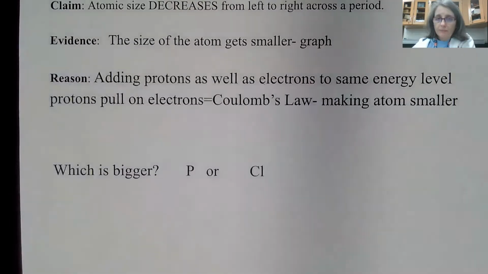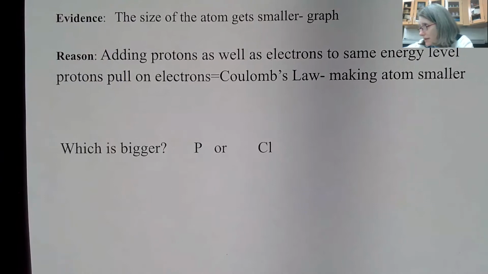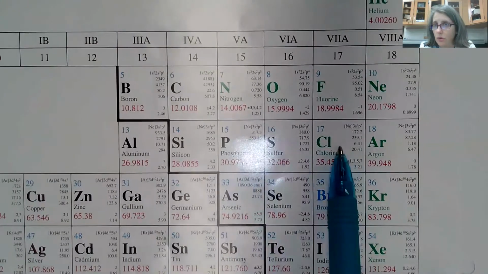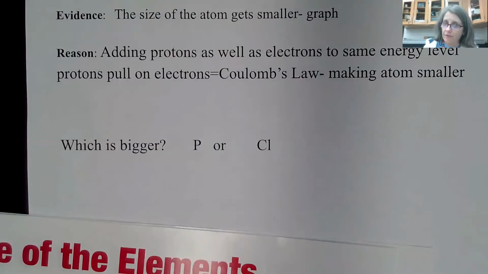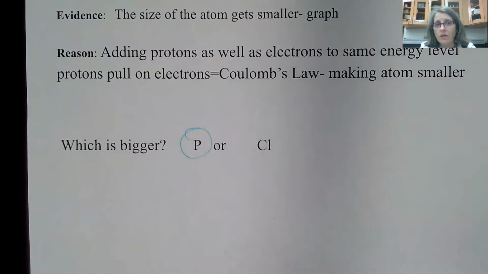So if I give you phosphorus or chlorine, which one is going to be bigger? What you want to do is look at your periodic table and say, okay, here's phosphorus and here is chlorine. The one that is bigger is the one that is furthest to the left. So that would be phosphorus. You would have to use some explanation saying phosphorus has the same energy level as chlorine.